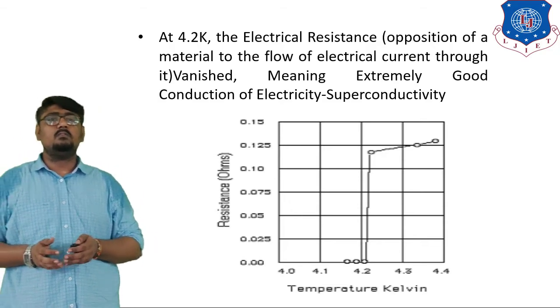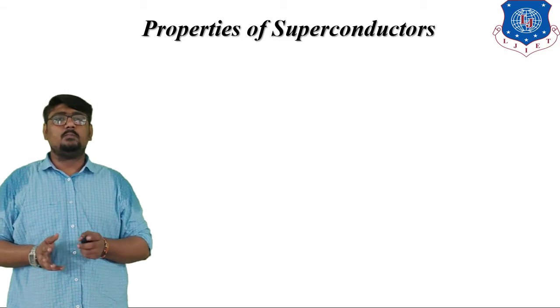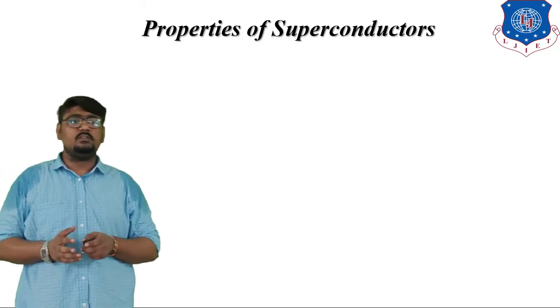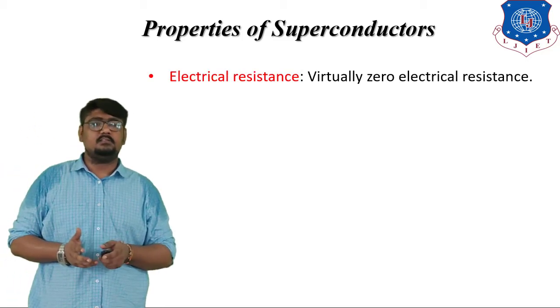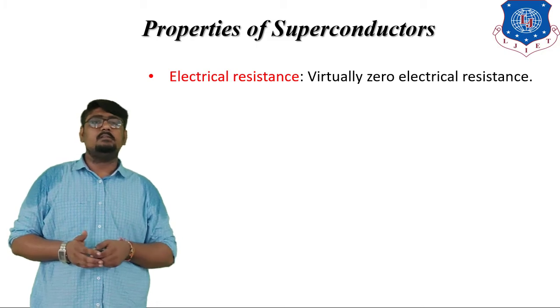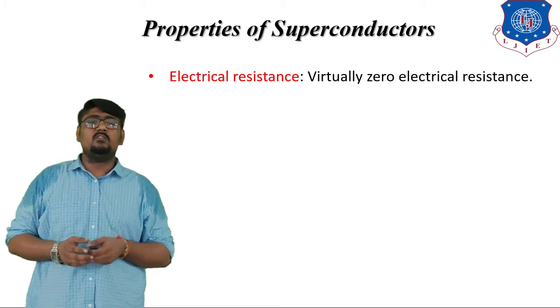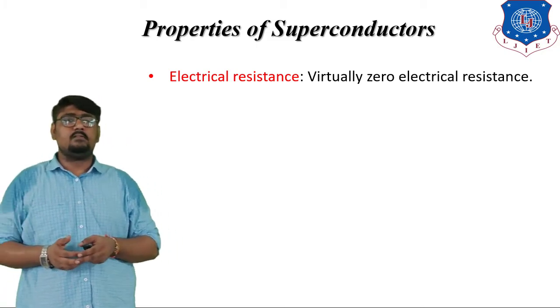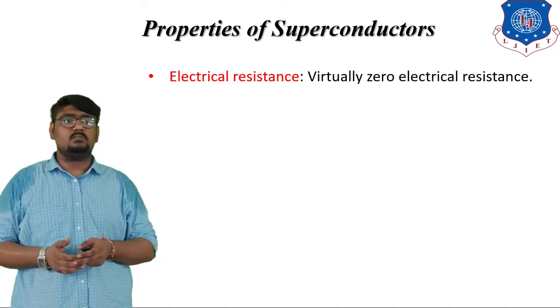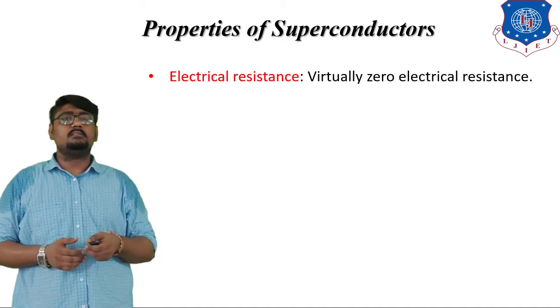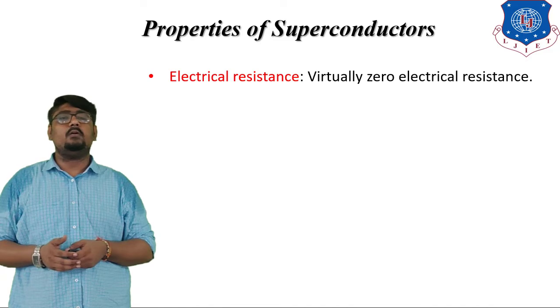So let's move on to the next topic, properties of superconductors. The first property, as we know, is electrical resistance. We have already discussed it. Virtually zero electrical resistance is offered by a superconductor. Next comes the effect of impurities.